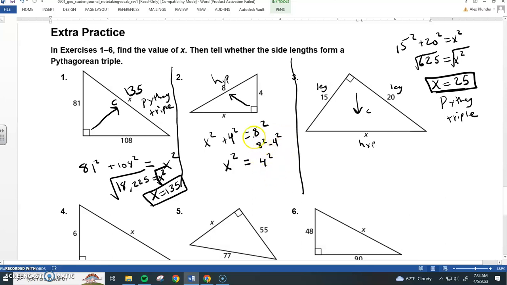You cannot take these bases. You can't take 8 minus 4. We need to take 8 squared minus 4 squared, which is actually 64 minus 16. Okay, so that's really what we're doing here. Not 8 minus 4 and then square that. We're taking 64 minus 4 squared, and that gives me 48.